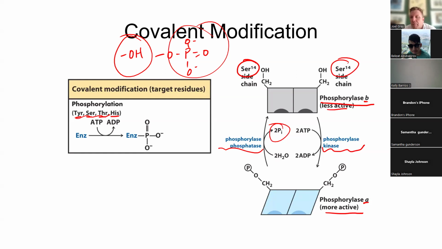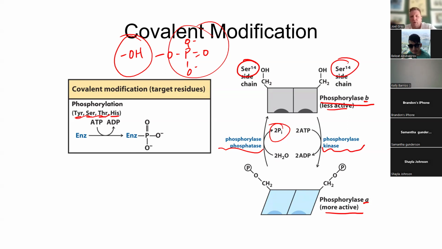That is going to be done by a transferase, specifically a kinase. Removal of phosphate groups from a protein is going to be done by a phosphatase. That phosphatase will remove those phosphates as inorganic phosphates, and releasing those will deactivate that protein.